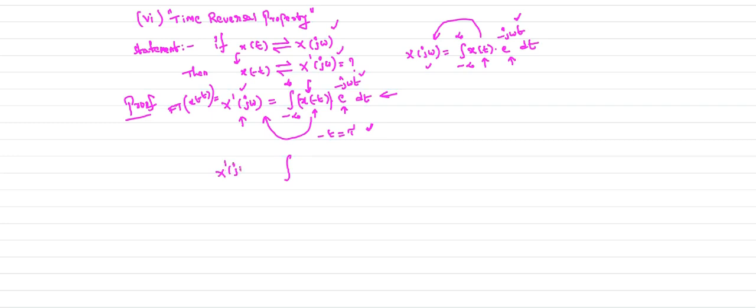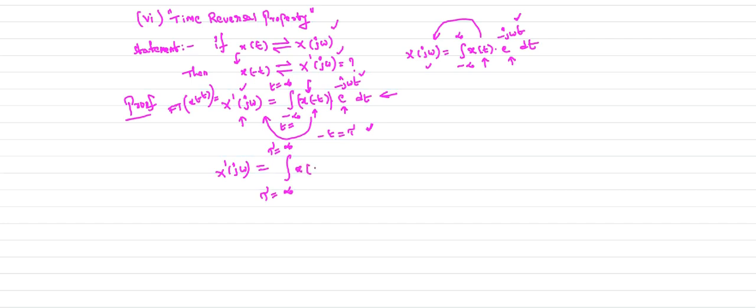For x dash of j omega, the lower limit is with respect to t, minus infinity. Since tau is minus t, the lower limit for tau is infinity. What is the upper limit for tau? Previously the upper limit is t equal to infinity, but tau is minus t, therefore the upper limit is minus infinity.